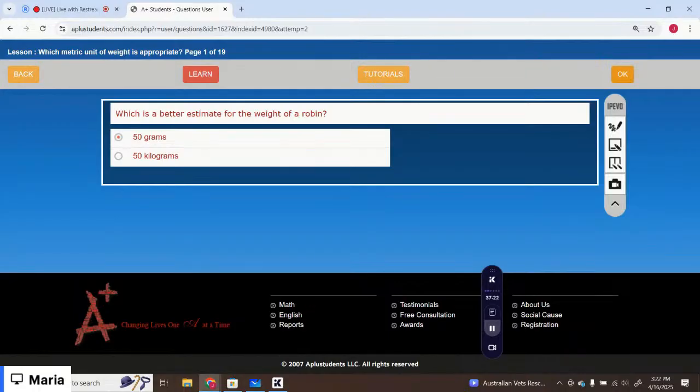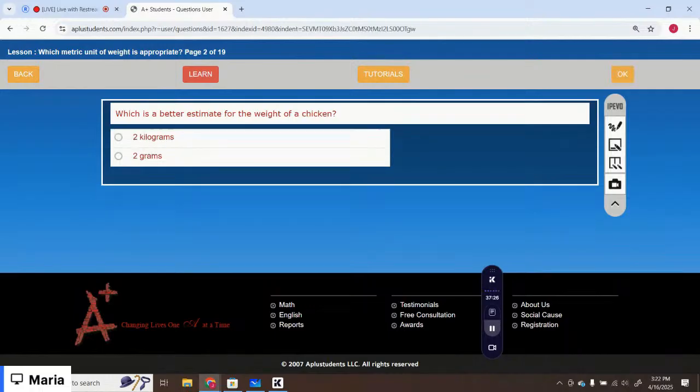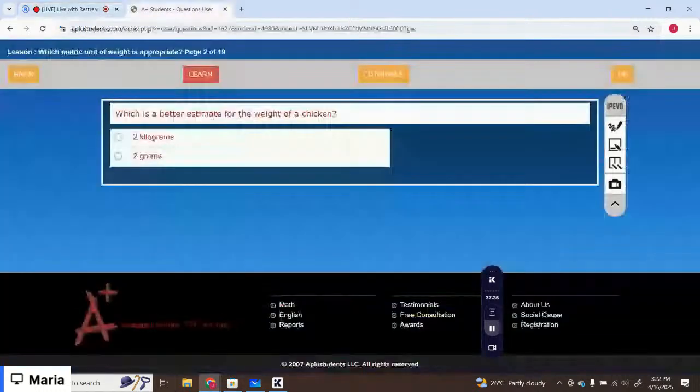That must be 50 grams. Grams is a smaller unit, right? Which is a better estimate for the weight of a chicken? 2 kilograms, 2 grams. So which is the correct option? So that must be 2 kilograms.